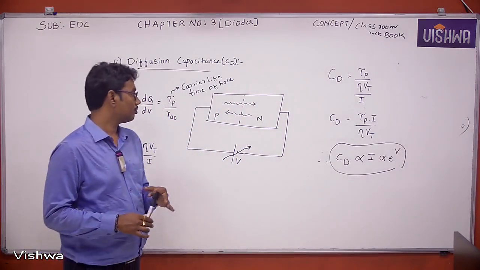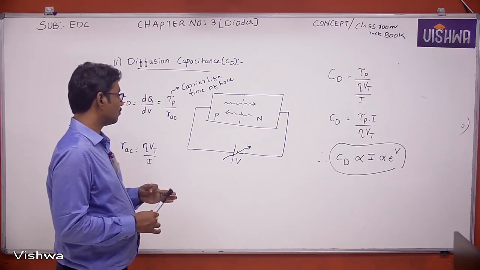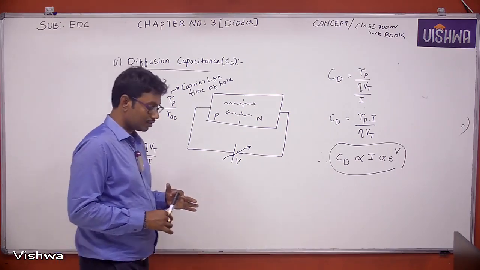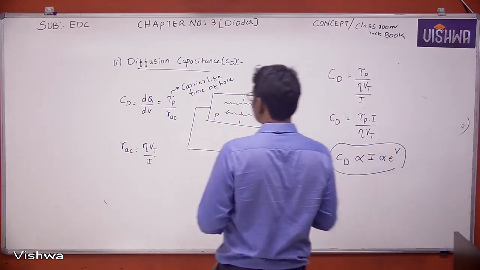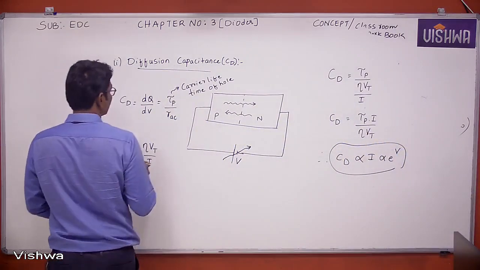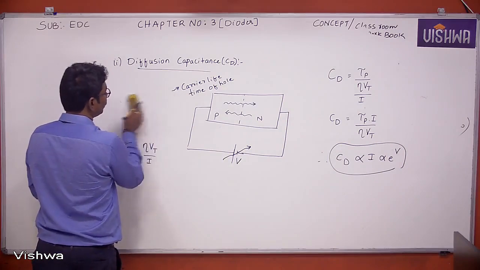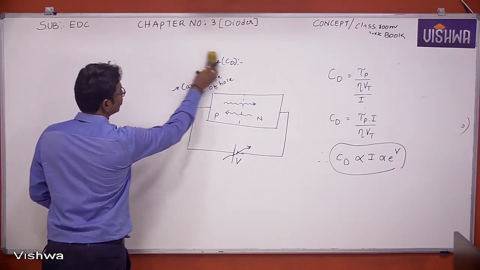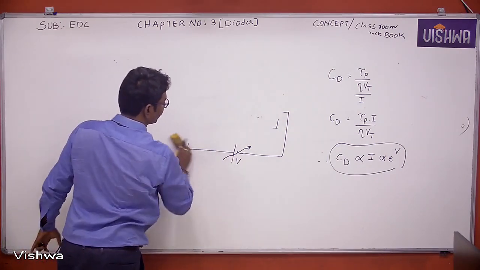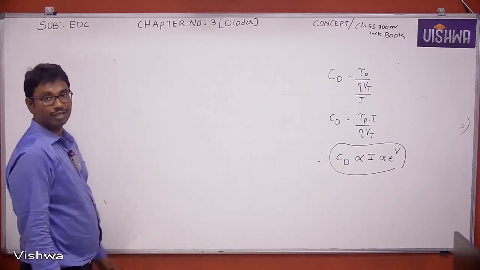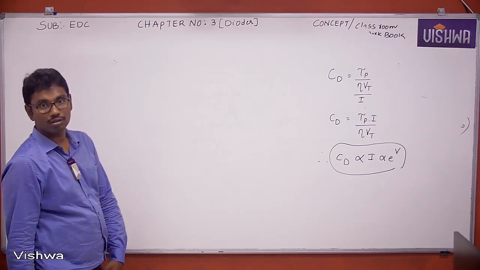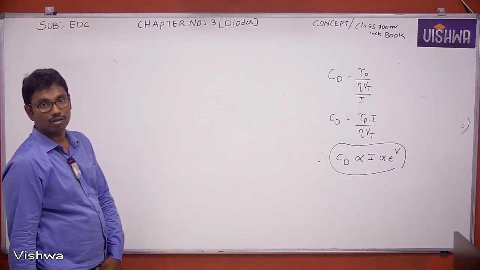Find the small signal resistance and diffusion capacitance. Right.